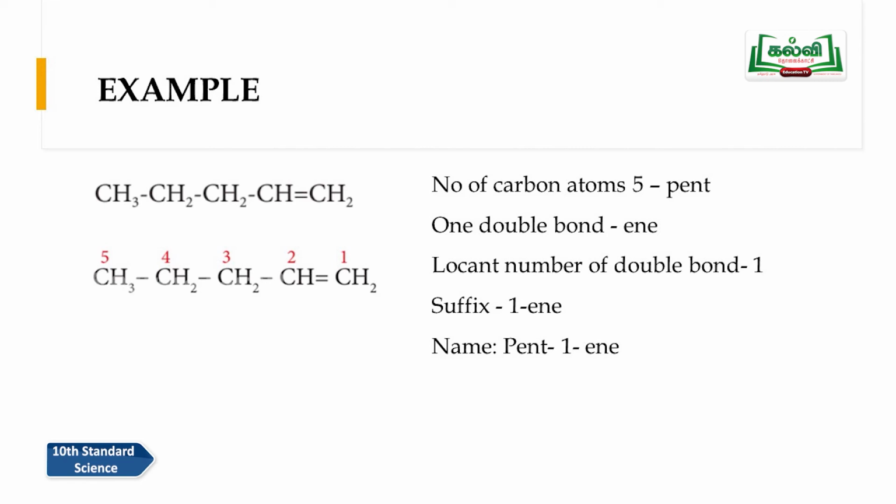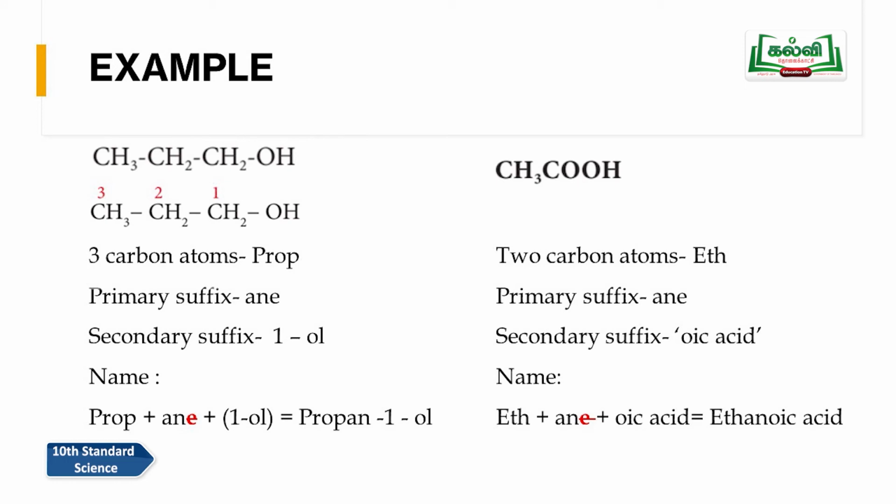And what will be the suffix? It is 1-ene. And when you give the name pent-1-ene, that means 5 carbon atoms, 1 double bond between the first and second carbon. Therefore, the IUPAC name is pent-1-ene.